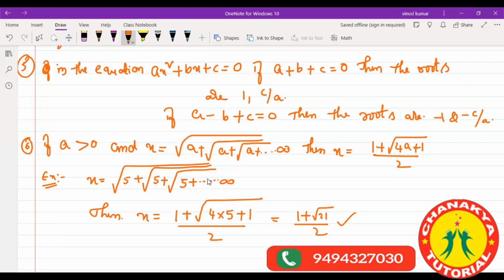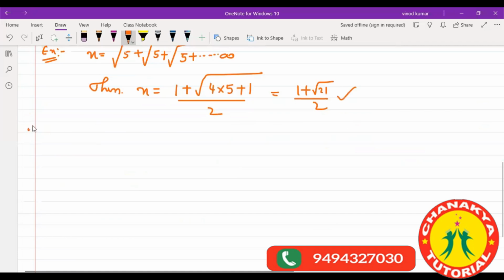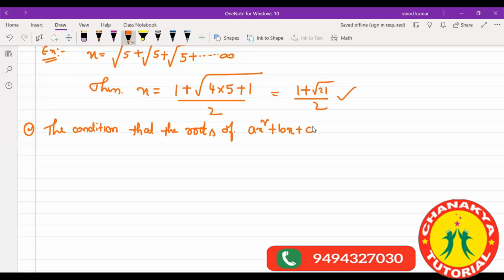Okay, that is the example. Next, the condition that the roots of ax square plus bx plus c equal to 0 may be in the ratio m is to n.